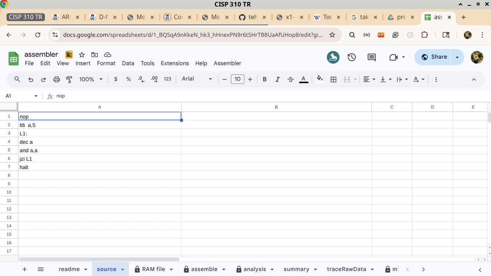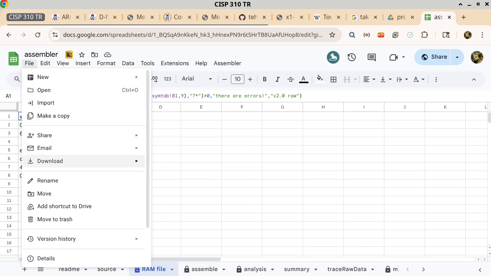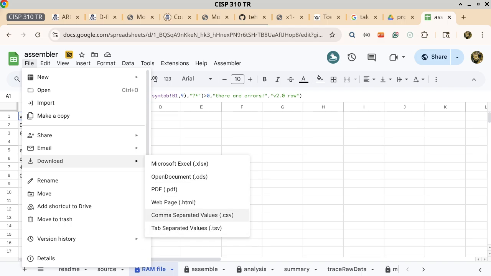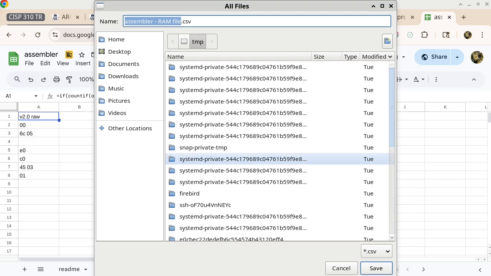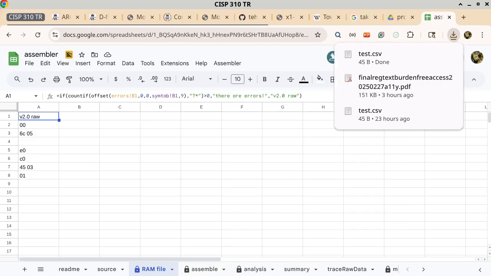This is where your program is entered. I typically put it into a text file and then copy and paste it here. Then you go to the RAM file tab. This is what we need to download. You go to download, CSV, comma separated value, and put it into a file. I'll put it into test.csv, which already exists because I did it yesterday too.